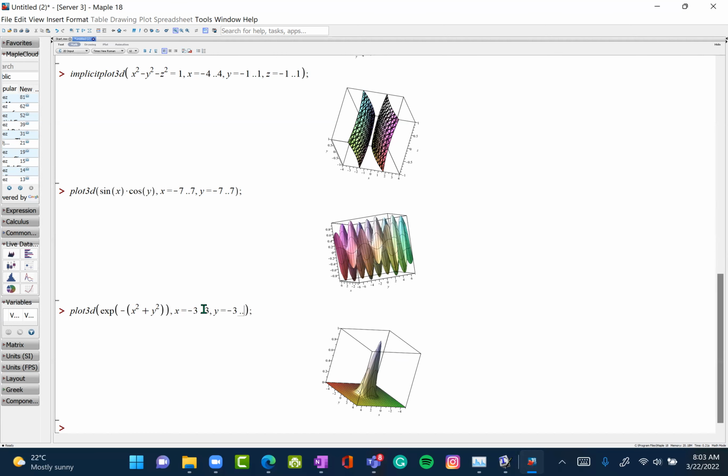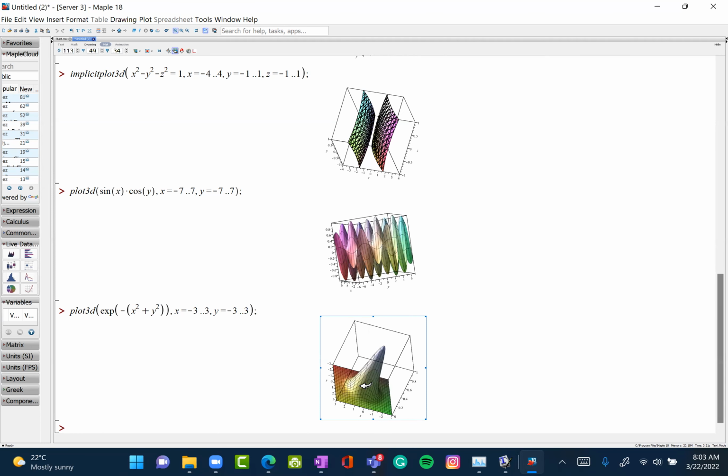Not necessarily the same here, so just up to you. So just a peak, and outside the peak, it's almost a plane. Why plane? Well, this is the exponential with a negative exponent, so this must be small. It's almost 0 here, almost 0 here. Just one peak.